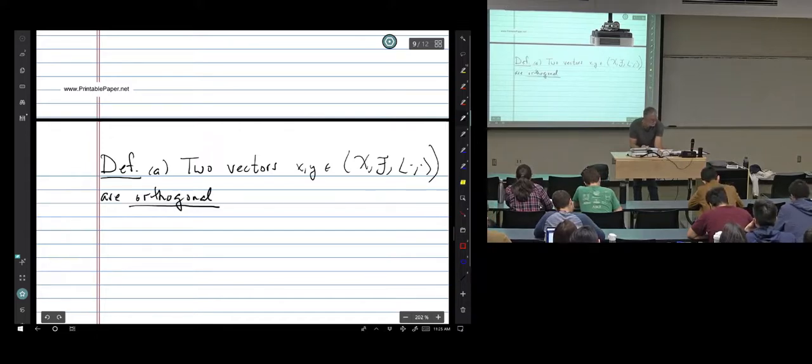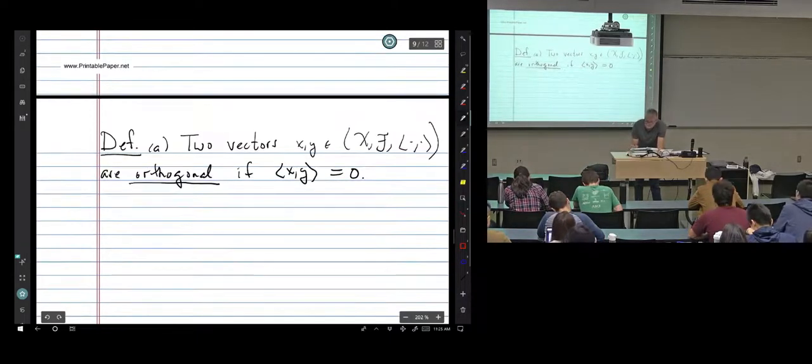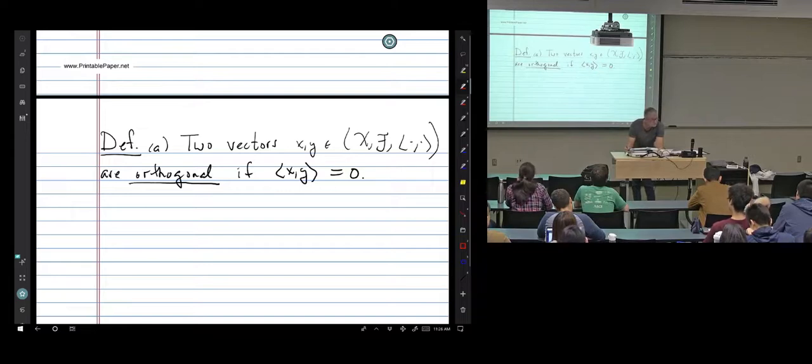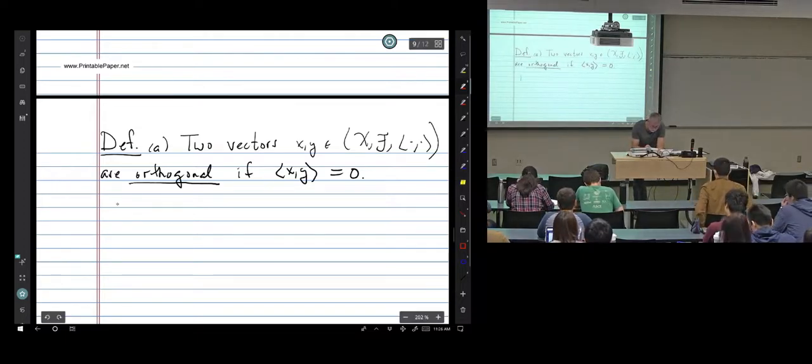That's the definition, if their inner product is 0. The 0 vector is orthogonal to anything. It's not a very interesting thing to be orthogonal to 0, but the 0 is orthogonal to anything.